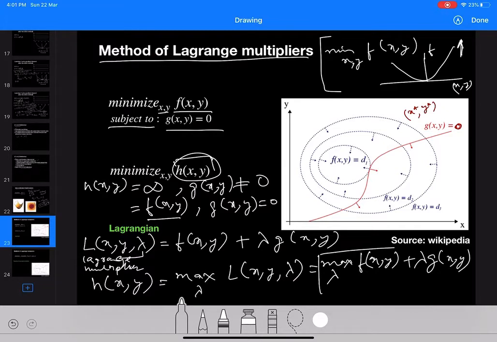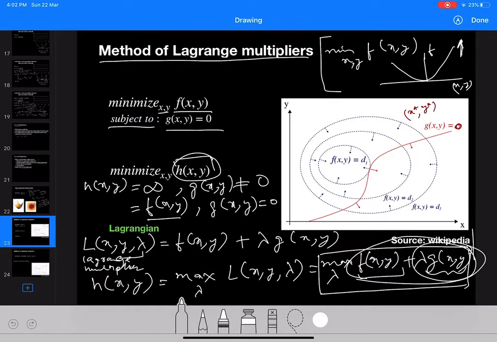If you look at this term in the box, it behaves exactly how we want it to. Whenever g of xy is equal to 0, the lambda term will vanish, and the remaining term f of xy is not a function of lambda, so we'll be solving the actual problem. When g of xy is not equal to 0, we are maximizing this whole thing, and it can go as high as infinity because it's a maximization.